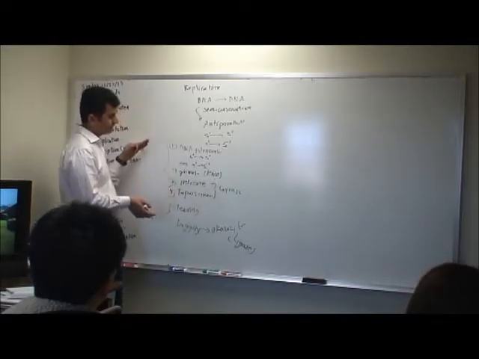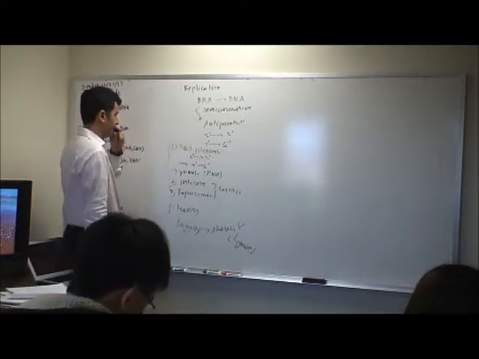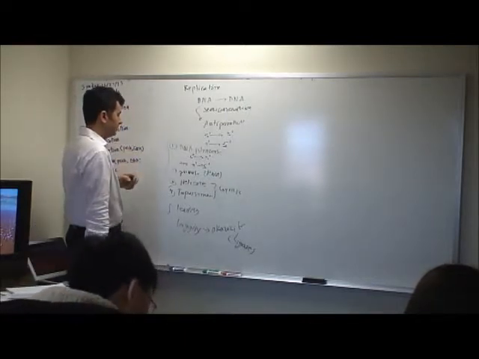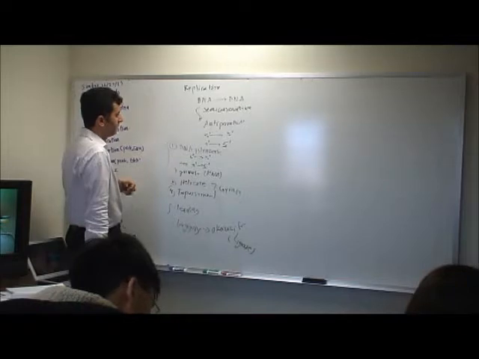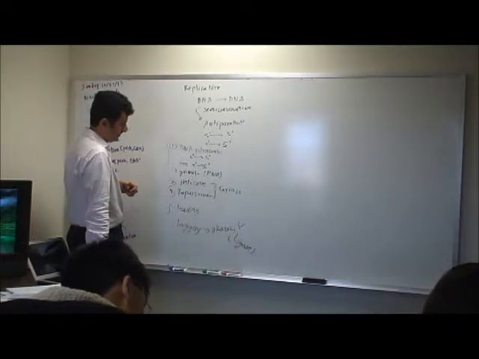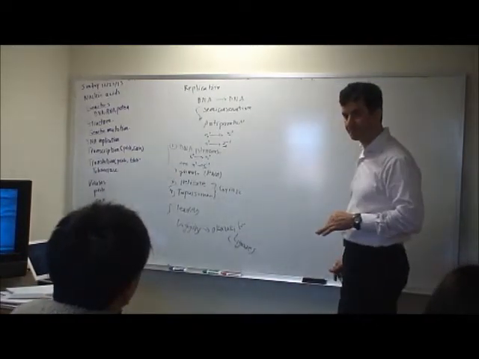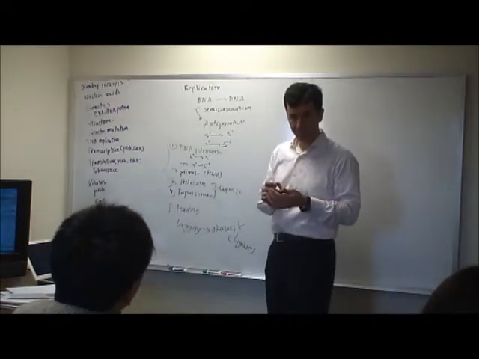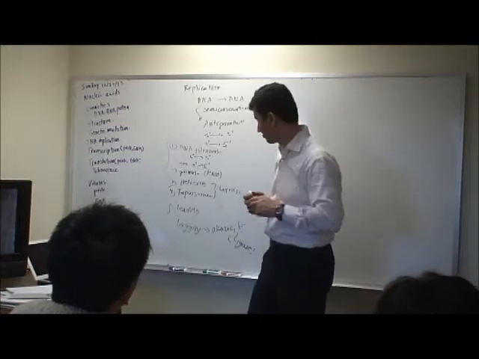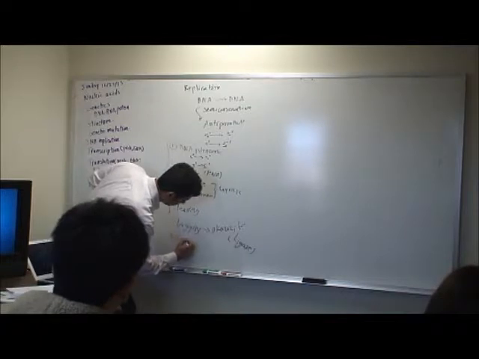Anybody else want to add anything to replication? Kevin and Victoria, what else did you want to add? Okay. Anything else? That's all they have. You could add in telomeres because they are involved in replication. Very good. Telomerase.